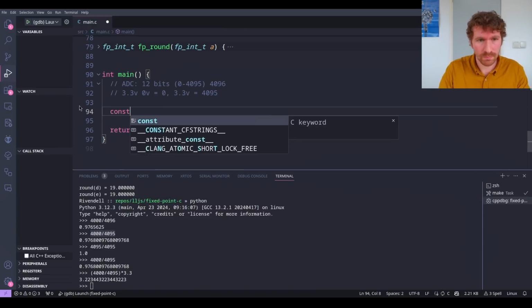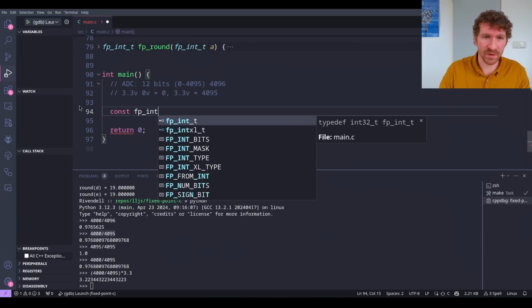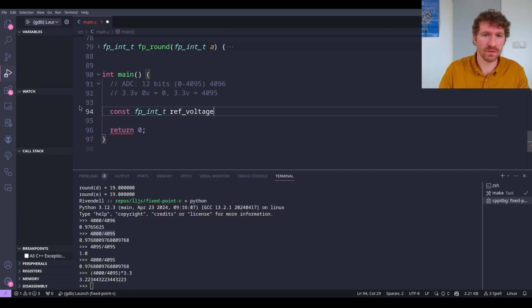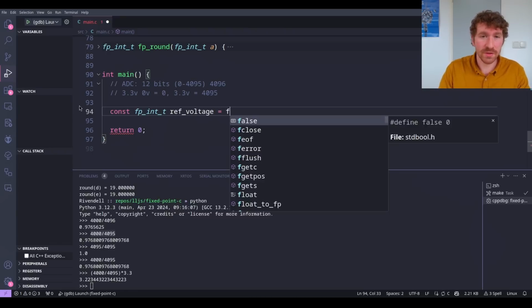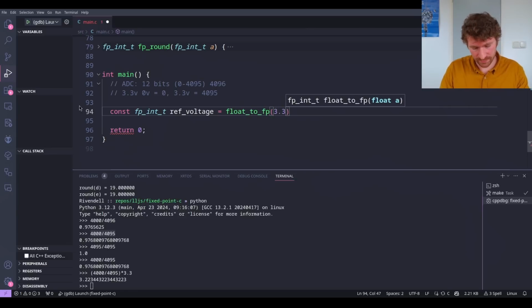Because we know we can make a constant fixed point number here, which is going to be our reference voltage. We can just do float to FP of 3.3 volts.